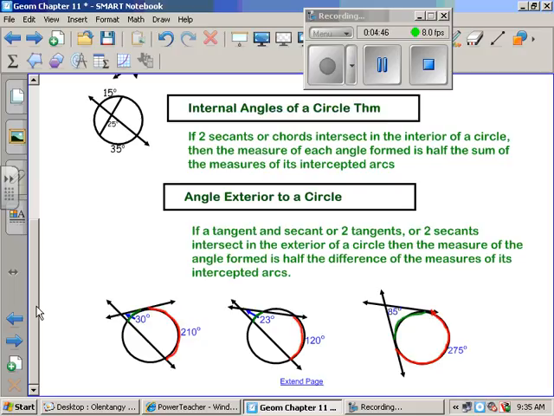What's the relationship again? Right, this angle is equal to the major arc minus the minor arc divided by 2. So how could I come up with this green arc? Yeah, what would the equation be?